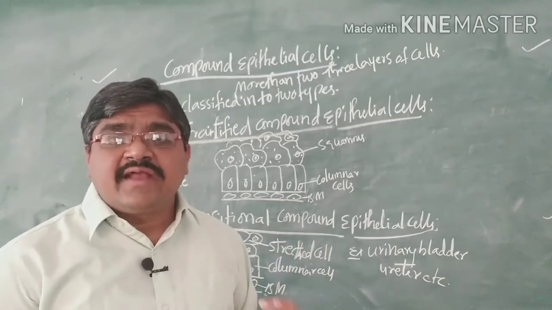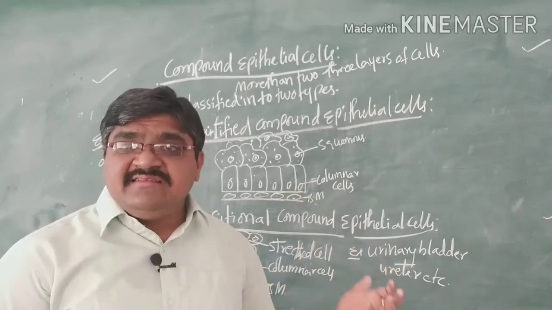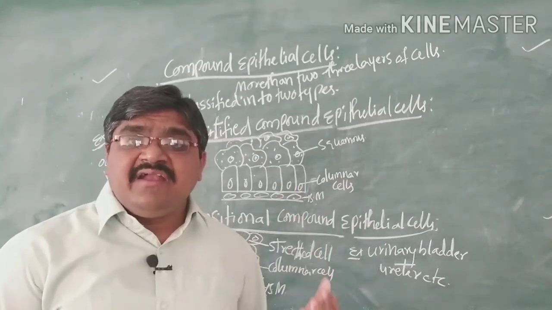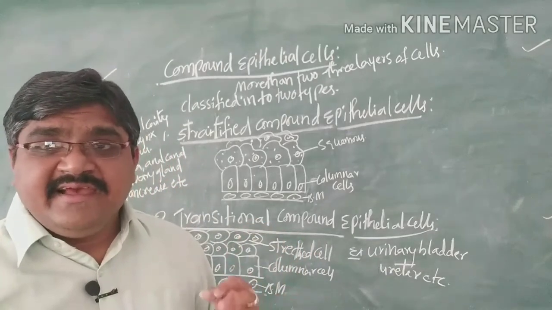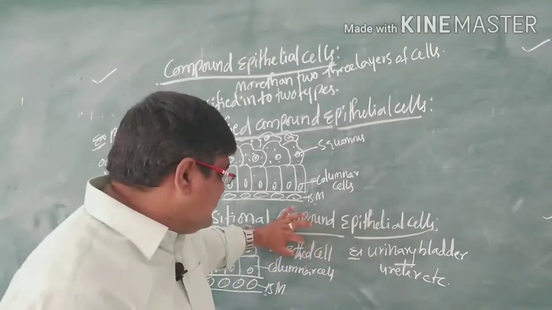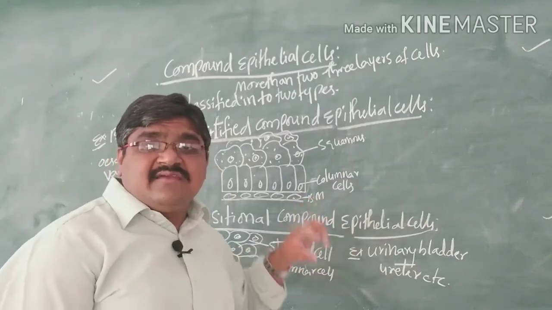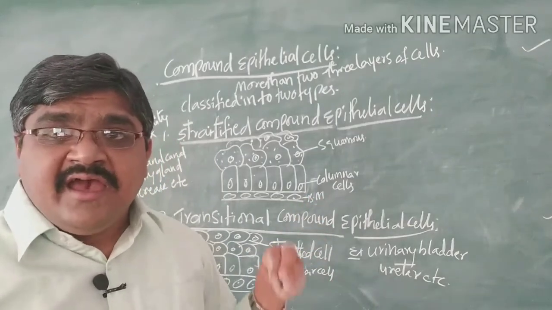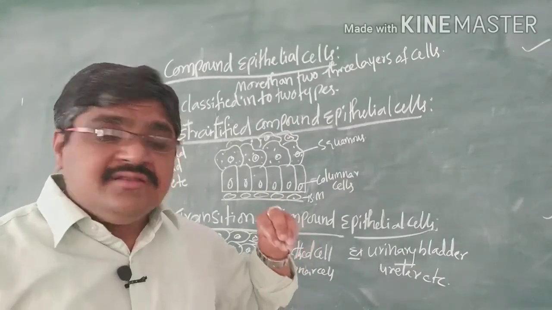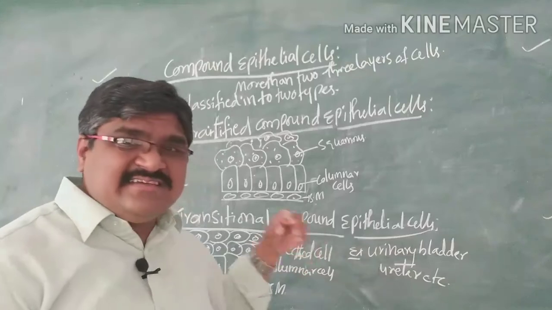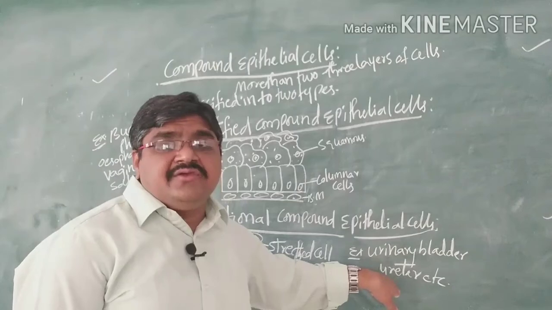So these are the two types of compound epithelial. One is the stratified compound epithelial cells, and the second one is the transitional compound epithelial cells, where the upper cells above the columnar cells are elongated, so we call them transitional. Examples are the urinary bladder and ureters.